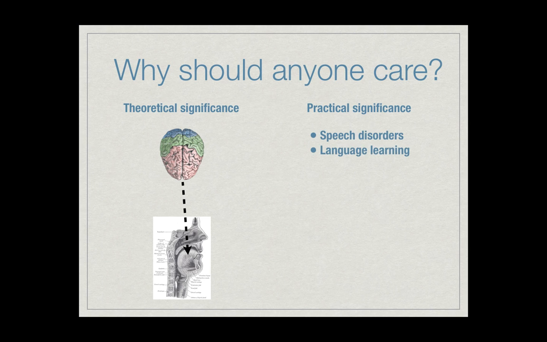On the practical side, the type of information that we obtain from such an analysis can be used to aid our understanding and treatment of real-world problems, such as speech disorders, first and second language learning, and the acquisition of literacy. It is important to keep these things in mind even as we toil over minute details of a particular dataset.